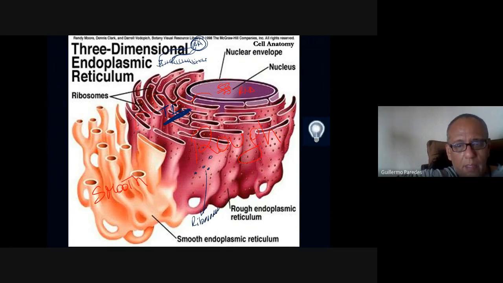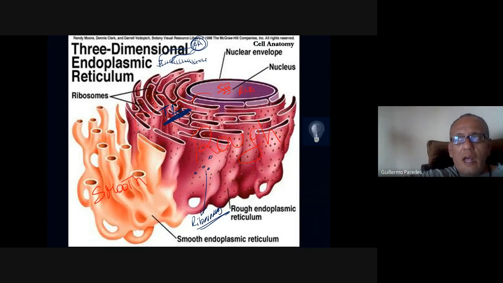Ribosomes. Imagine your house is the nucleus of the cell, and the city is the cell. The city where you live, San Jose, Daly City, is the cell.